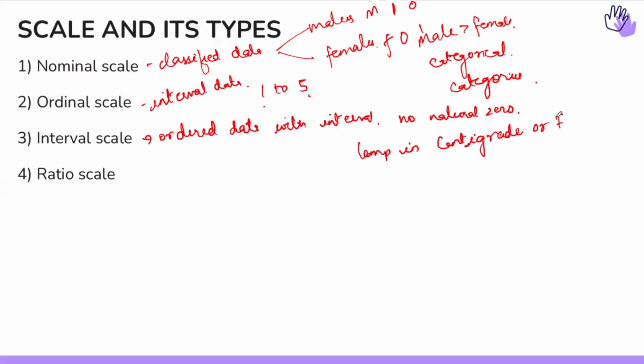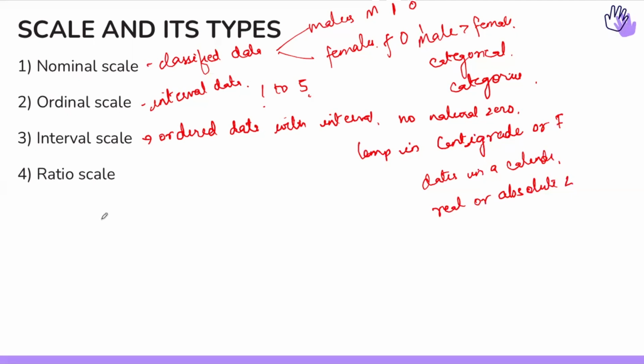Here zero doesn't make any sense, like the dates in the calendar, where zero also does not make any sense. The interval scale possesses 2 out of the 3 important requirements of a good measurement scale, that is magnitude and equal intervals. But as I told you, it lacks a real or absolute zero point.